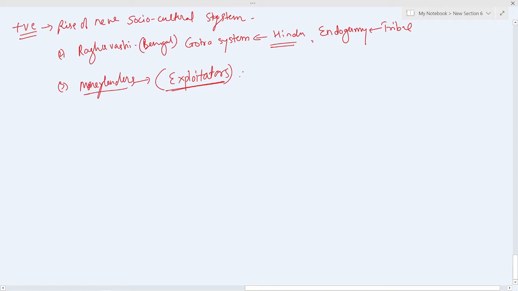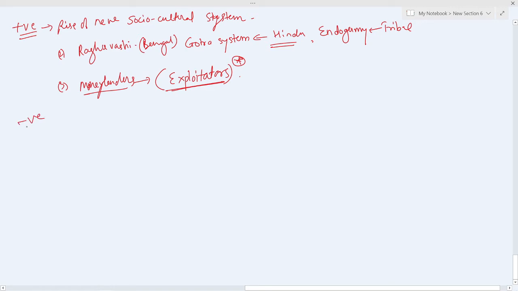If you look at them closely, you'll find that the tribal people misunderstood Hinduism as exploitation. But then various saints, sadhus and sannyasis tried to convince the tribals, and they told them that there is a disjunction between Hinduism and the exploiters.